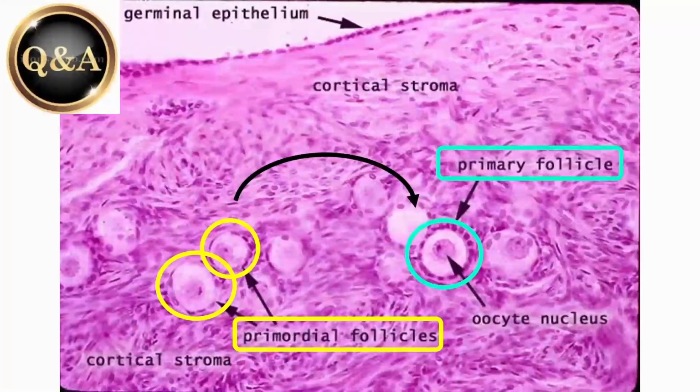Then you compare between an ovum surrounded by a single layer of thin cells and an ovum at the tip of the curved arrow. You can see that there is a difference between the single layer lining of a primary follicle and a single layer of flat cells surrounding the oogonium.